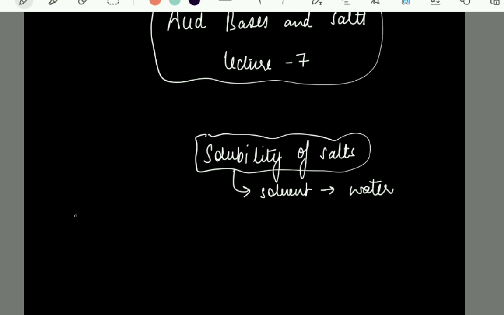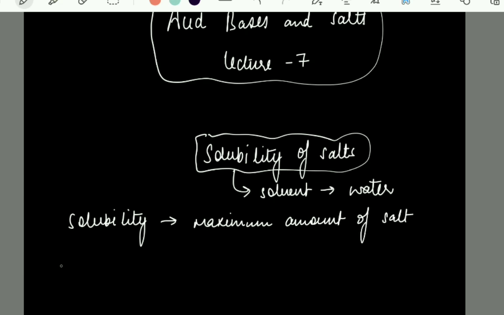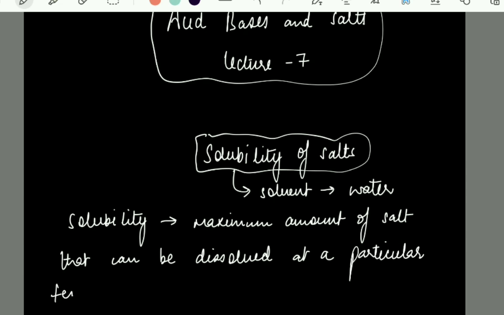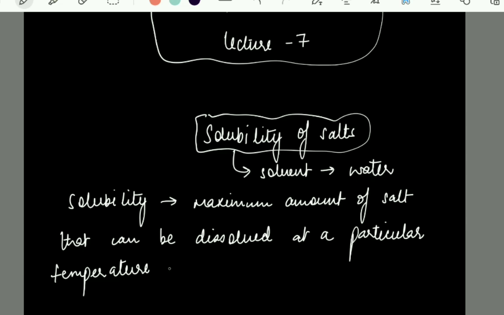So we can just write: solubility is defined as the maximum amount of salt that can be dissolved at a particular temperature, because temperature plays an important role when it comes to solubility, in 100 ml of water which is acting as a solvent over here.